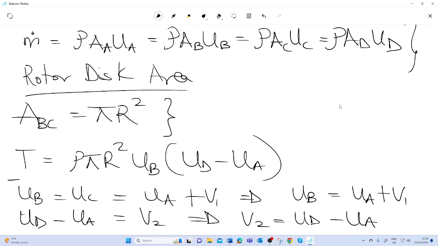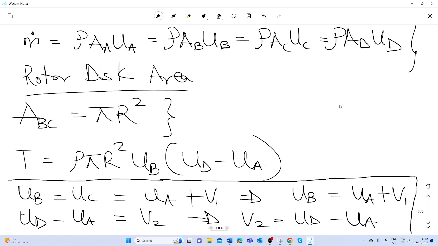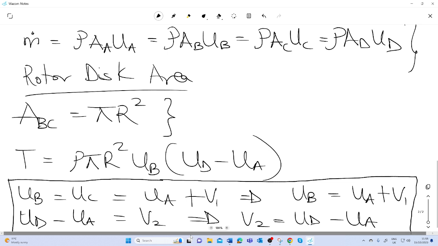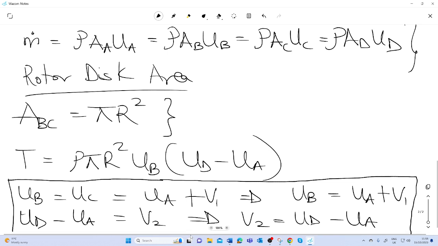So these are the major assumptions we need to justify all our equations of the rotor dynamics momentum equation.